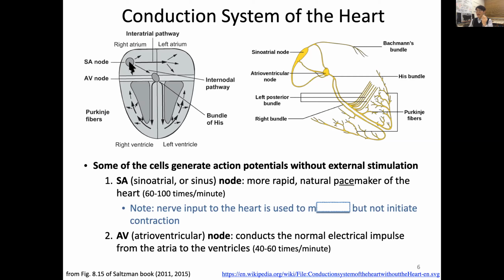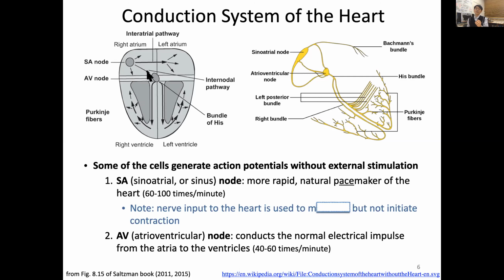And then there's another structure between the atrium and ventricle, called the atrioventricular node, or simply AV node, that conducts the normal electrical impulse from the atria to the ventricle at a slower rate, about 40 times per minute.